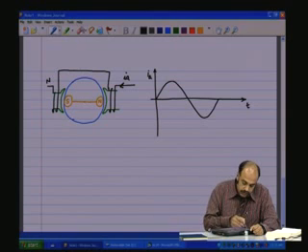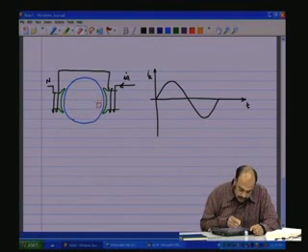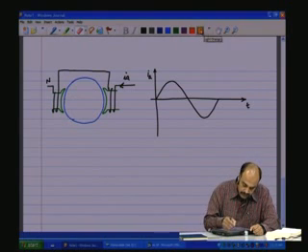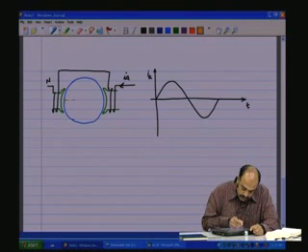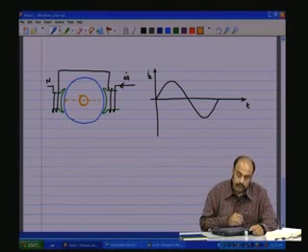So what happens to the dumbbell inside? The dumbbell inside, which represents the magnitude of the flux, will be residing here. There is no amplitude because it is 0.